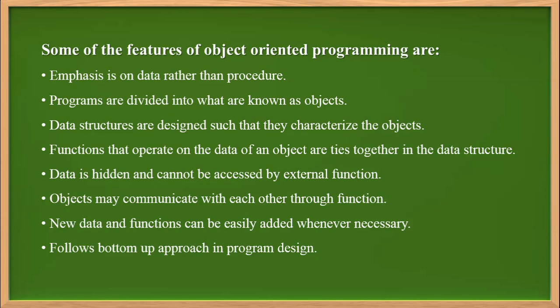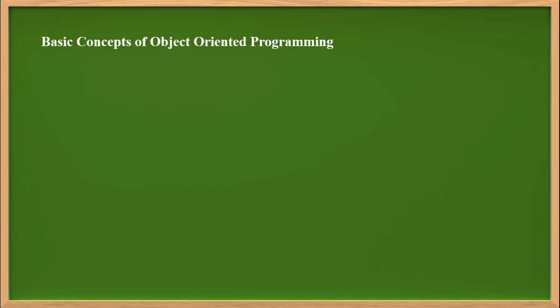Object-oriented programming is the most recent concept among programming paradigms and still means different things to different people. Now we will see about the basic concepts of object-oriented programming. It is necessary to understand some of the concepts that are used in object-oriented programming.